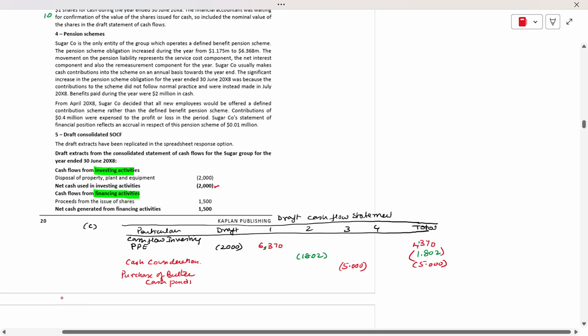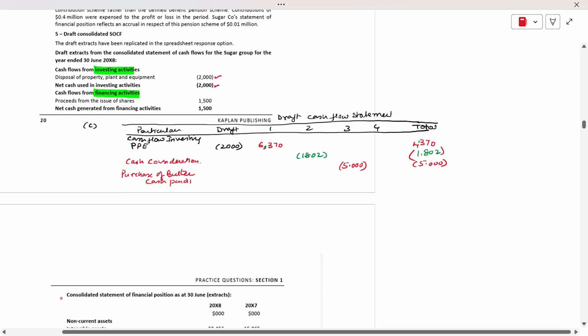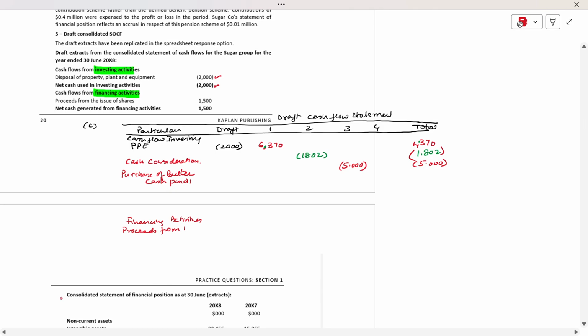This we have done. What is in the financing activities? In the financing activities, how much is this? They say proceeds from issue of shares. How much is there? 1.5.